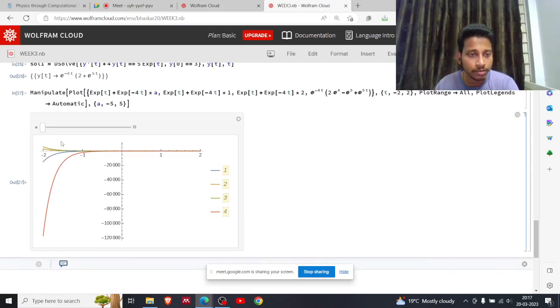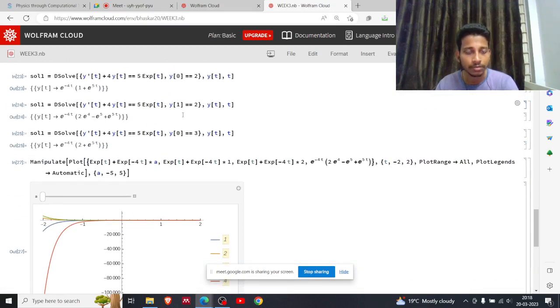This gives a value but at a very different location, because the value of a is very different here, but it is also showing the same family of equation.